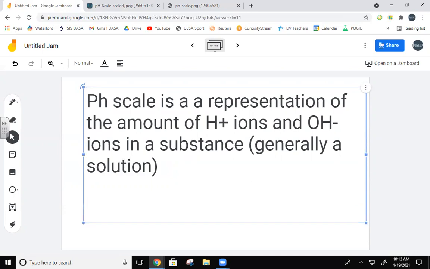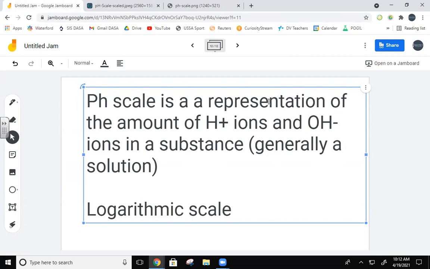This is not only a scale that shows us that, it is a logarithmic scale. What is a logarithmic scale? Does anyone have any ideas? Franklin, I can see you do. Anybody have any ideas as to what logarithmic means?